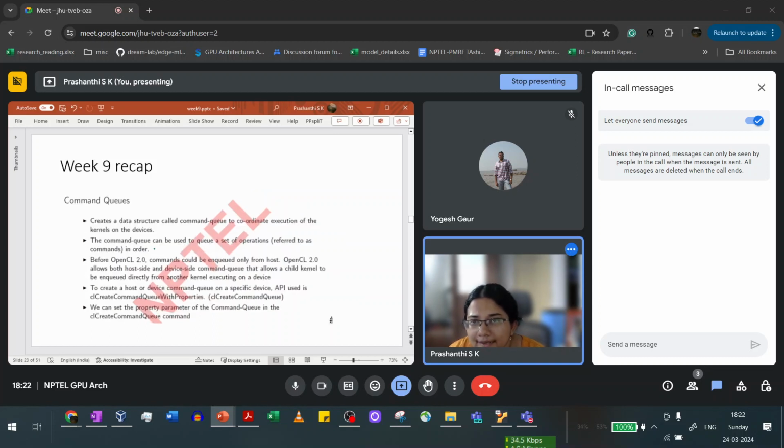That's about the context. Moving to the command queue. So this is mainly to coordinate executions of the kernels on the devices. It can be used to queue a set of operations, right? Basically, you have this set of commands that the host could issue, and those are queued up in this command queue. So initially, commands could be enqueued only from the host.